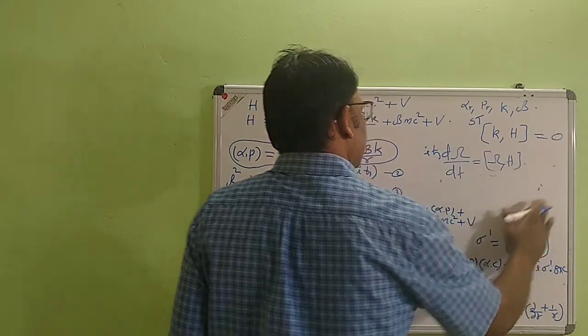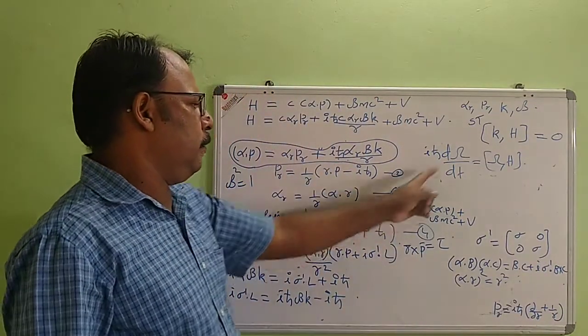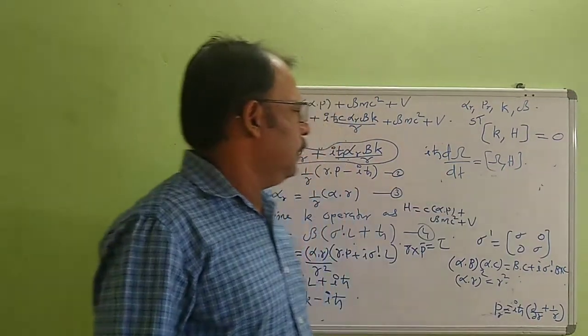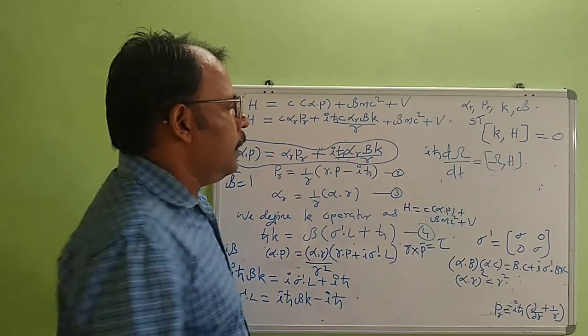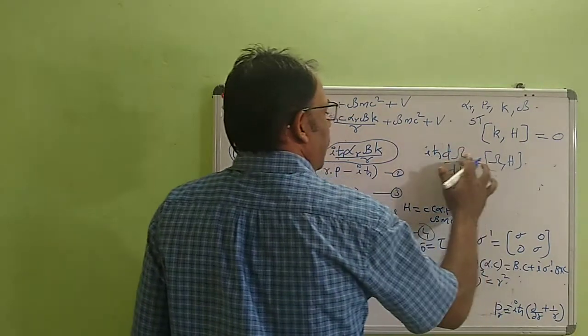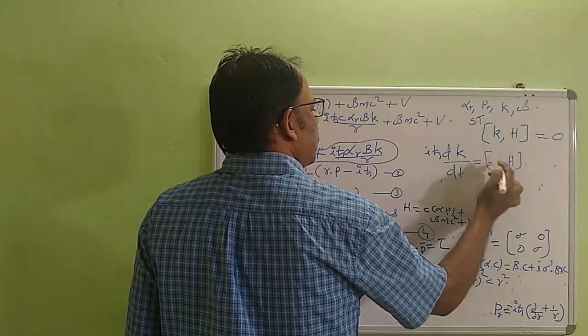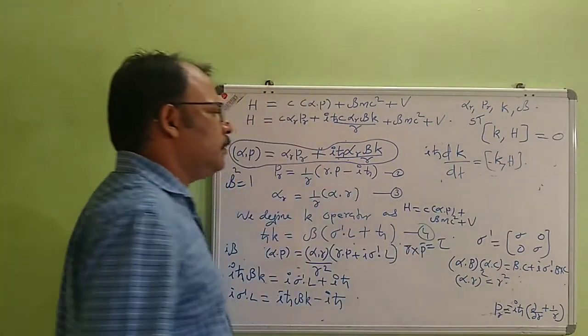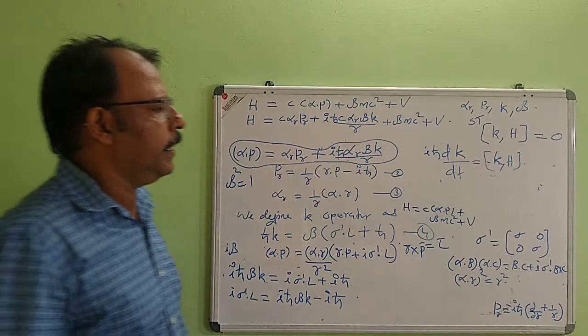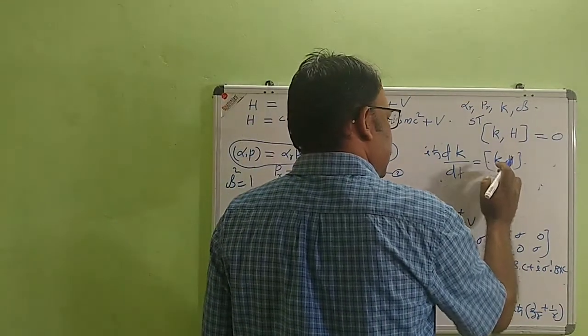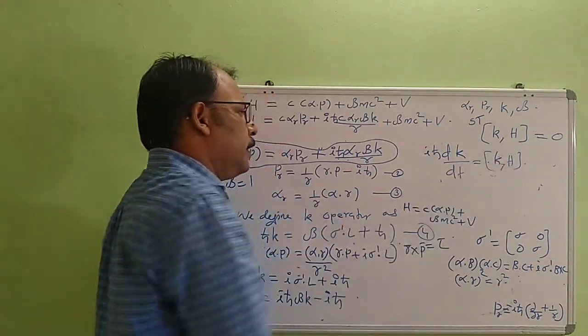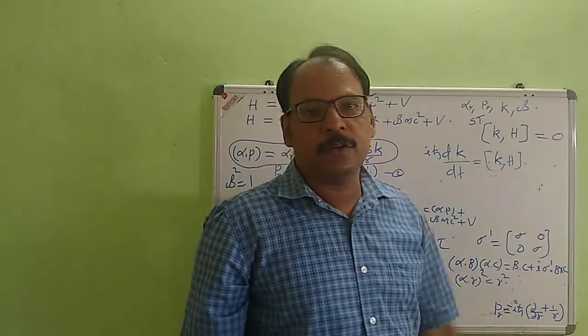So we can write i h bar d omega by dt equal to the commutator of omega and H. Now, if instead of omega we take the operator K, then the equation of motion is i h bar dK by dt equal to the commutator of K and H. Now we got that the commutator of K and H equal to 0.